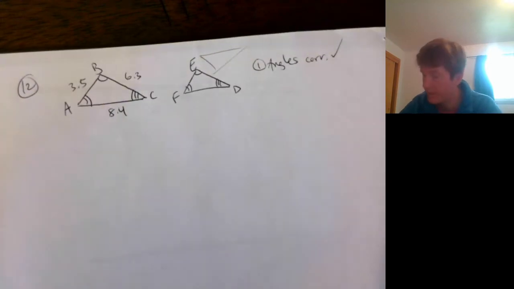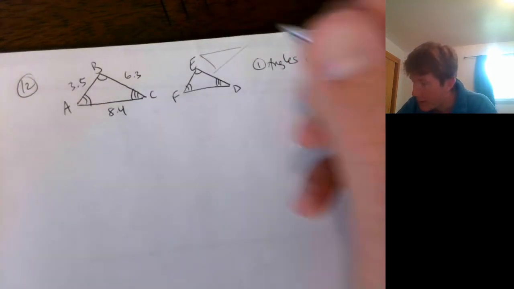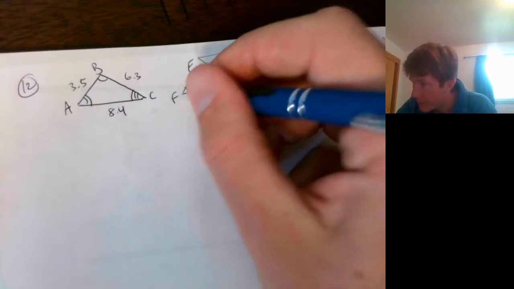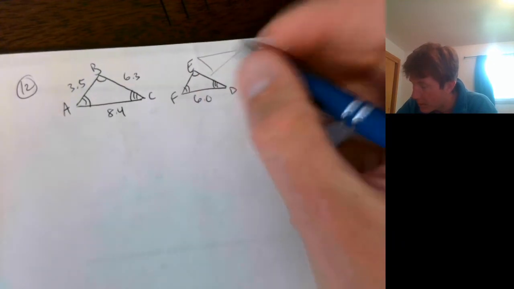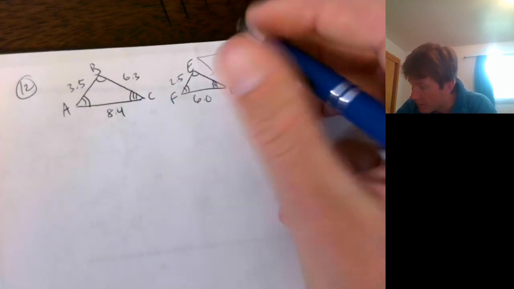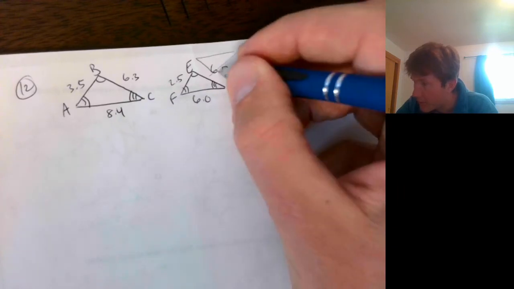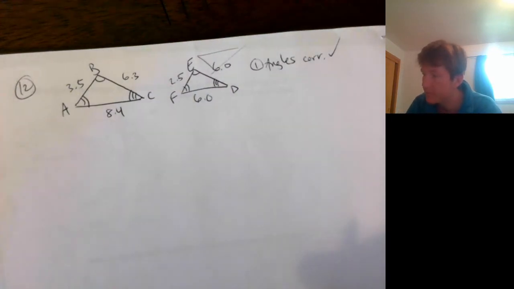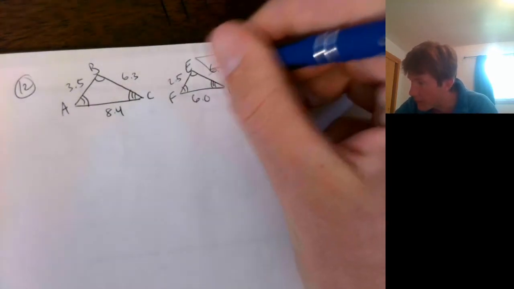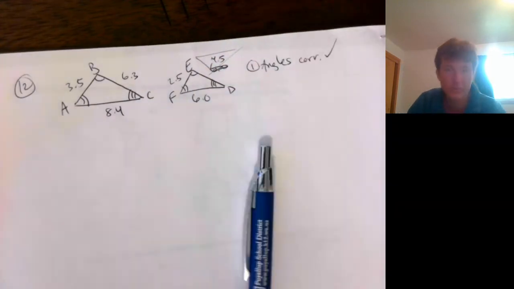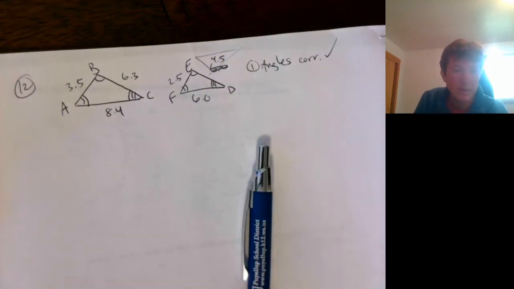Okay, so right now I can see that the angles correspond. So that's good. Now I just need to see if these numbers are the same. And for this I'll use a calculator. Oops, that's 4.5. Okay, so let's use a calculator. Oops. That's not how you spell calculator.